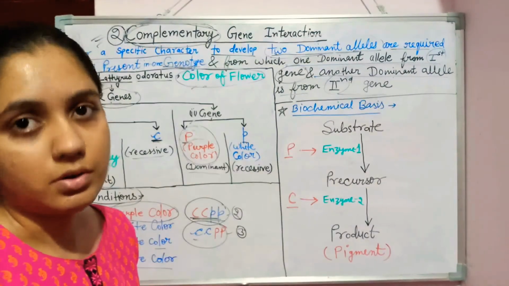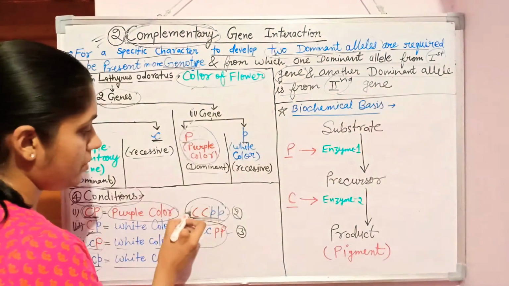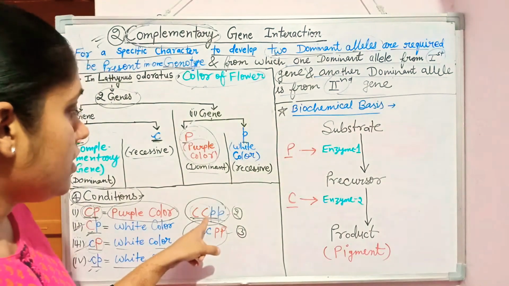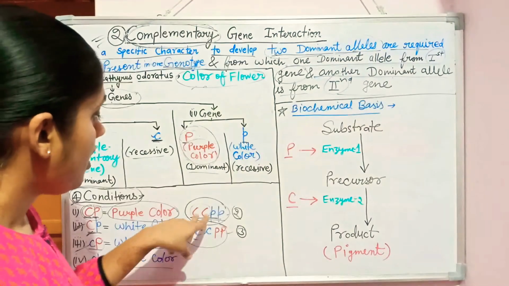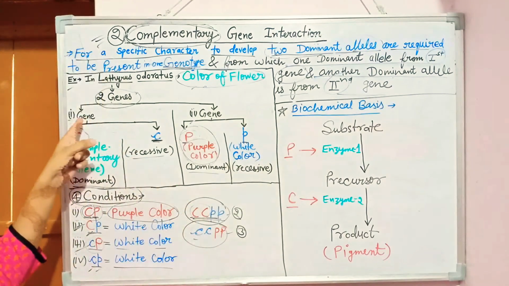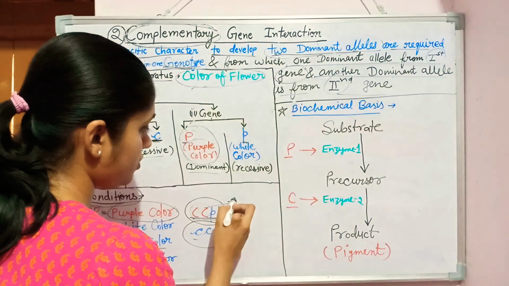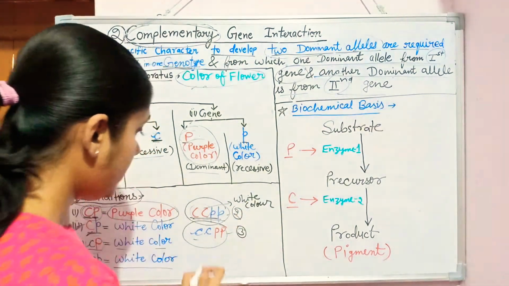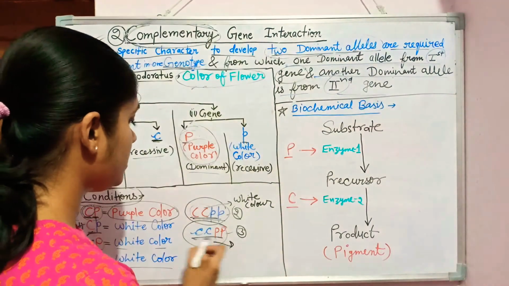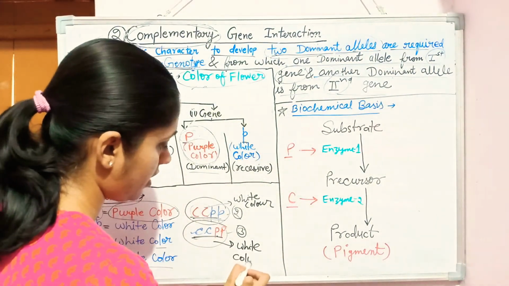But it is not purple, it is white in color. Why? Because these two dominant alleles are from one gene, the first gene. Capital P is absent, so this genotype produces a white flower. And this other genotype also produces a white flower.